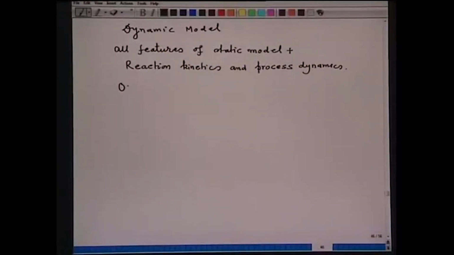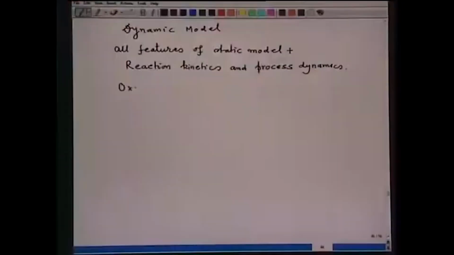Now, if we consider for example the reaction kinetics point of view, then essentially the major oxidation reactions. Now, remember I said in the beginning that you have to identify the major contributory physico-chemical process that results into the product. However, several processes are going on, but if you can identify one, that is very good. In case of steel making, it is the oxidation of iron and carbon, which are the major oxidation reactions.